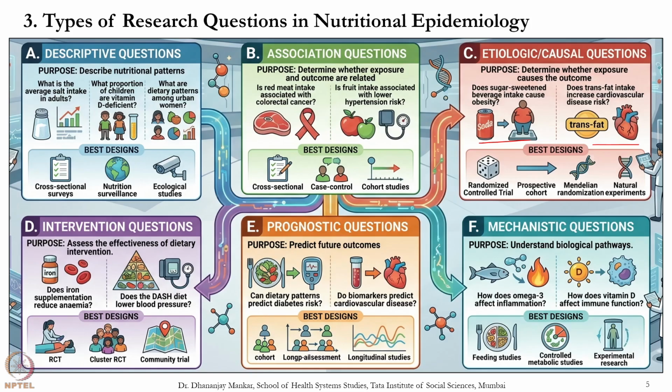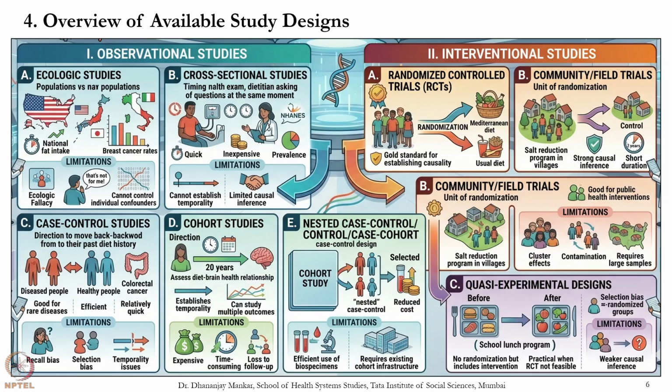If you are feeding vitamin D, dairy products and all that, you can see the effect of immune function getting increased. Controlled metabolic studies. This is very important in diabetes patients, thyroid patients and all those. Experimental research on an individual person where you are giving a particular type of diet and you are seeing the effect for this mechanistic question. So among the descriptive, associational, etiological, intervention, prognostic and mechanistic questions, you can choose one or more of the research questions in your nutritional epidemiological studies.